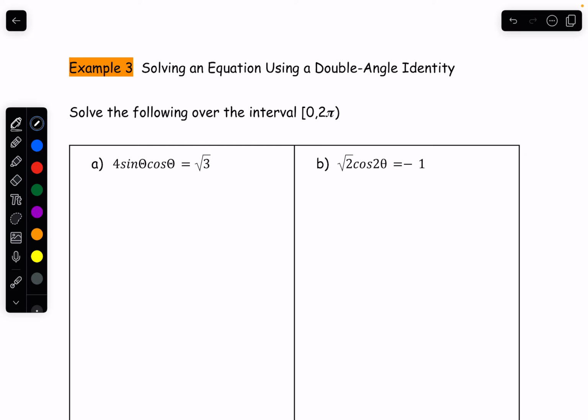So we're going to have to remember that sine of 2 theta equals 2 sine theta cosine theta, which means that this 4 would equal 2 times 2 sine theta cosine theta, because of course 2 times 2 equals 4. Then we can substitute in 2 sine theta cosine theta. Well, that is the sine of 2 theta.